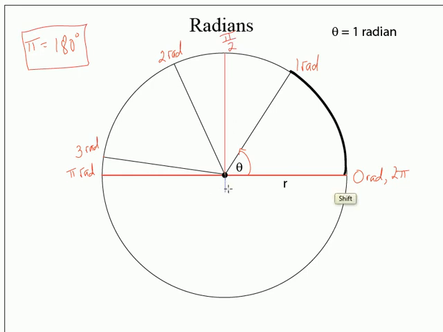Let's go from here and straight down. Now, how many degrees would that be? 270 degrees. But in radians, what do you think? This is half a pi. This is 1 pi. This would be 1.5 pi, or 3 pi over 2. Right, 3 halves, because 1.5 is 3 halves.